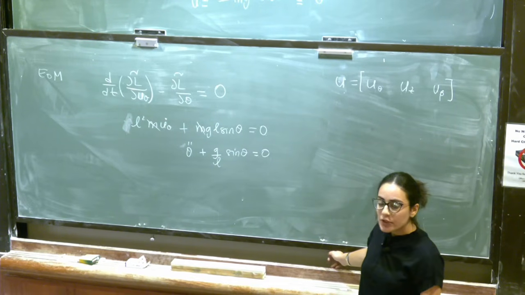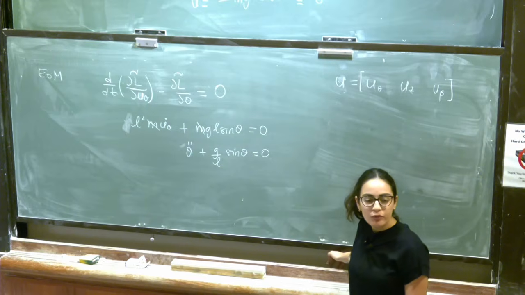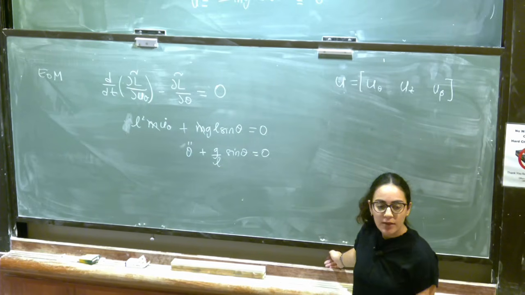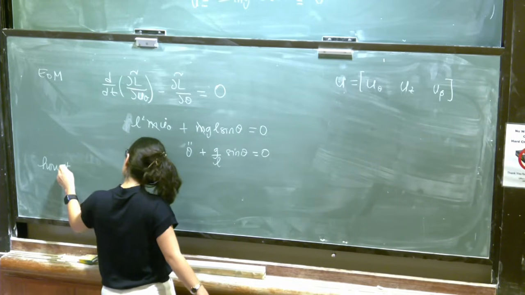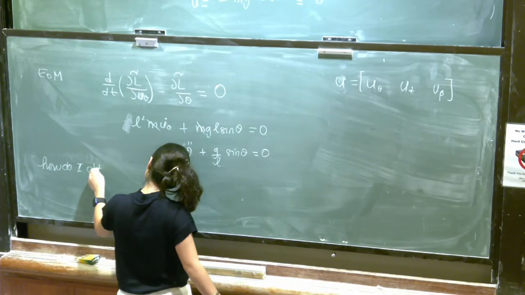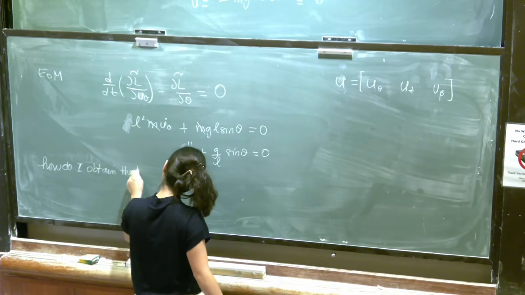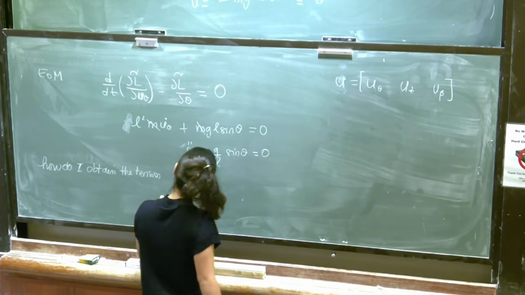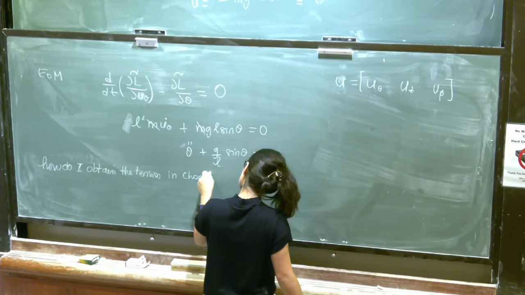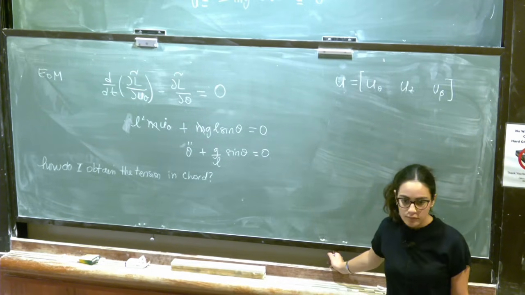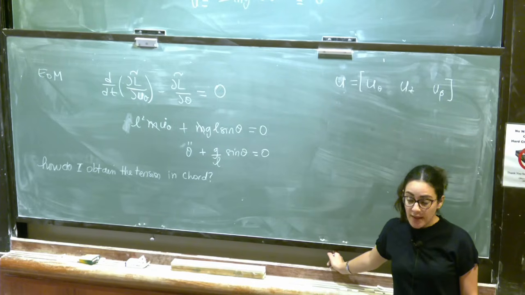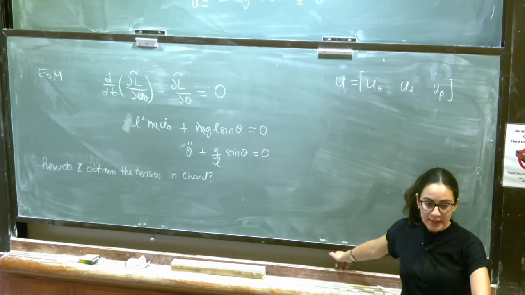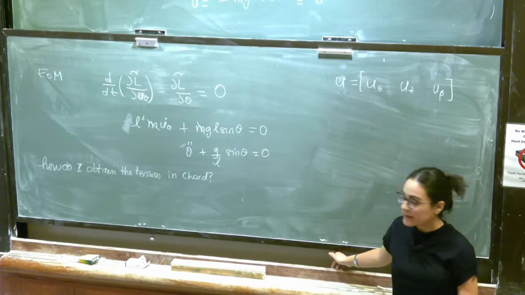And now, which equation would I need to apply to get the constraint forces? For example, which equation do I apply to get the tension in the cord? Exactly. I'm going to write Lagrange's equations of motion with respect to the beta coordinate, and it needs to be the unconstrained equation.